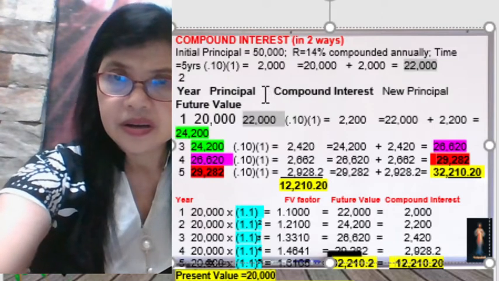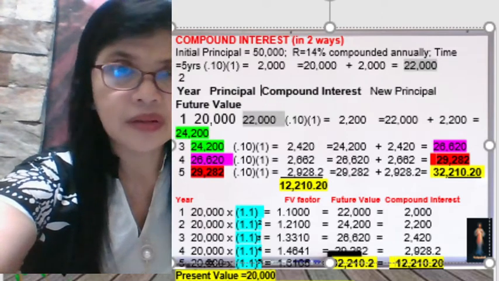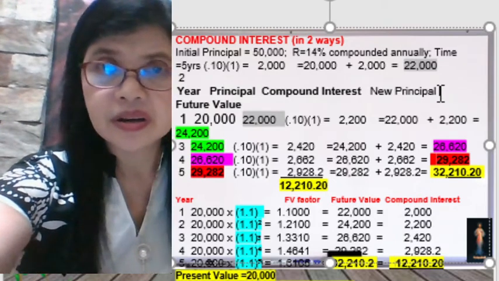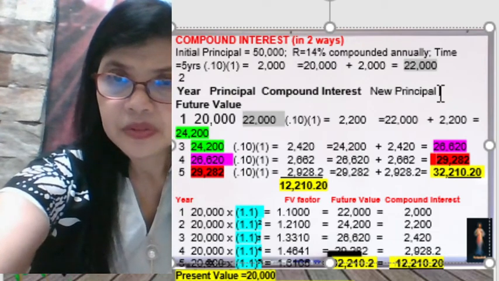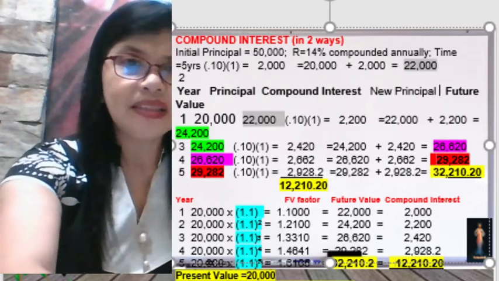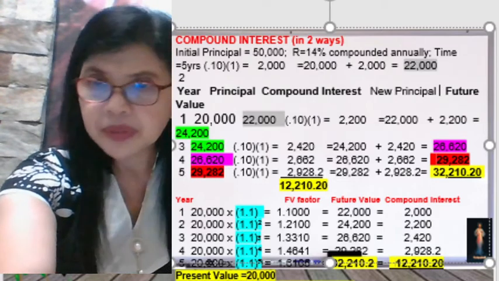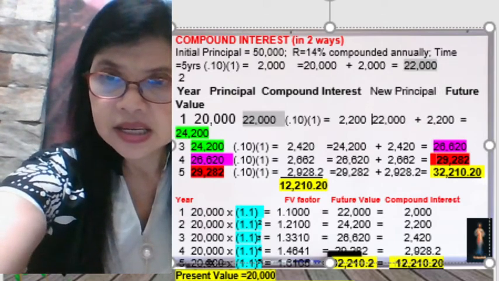Here, compound future value should be here. Oh my goodness. Future value should go up. Anyway, so your 20,000 balance. No, but it has moved. It should be here. Wait. We have to move this.